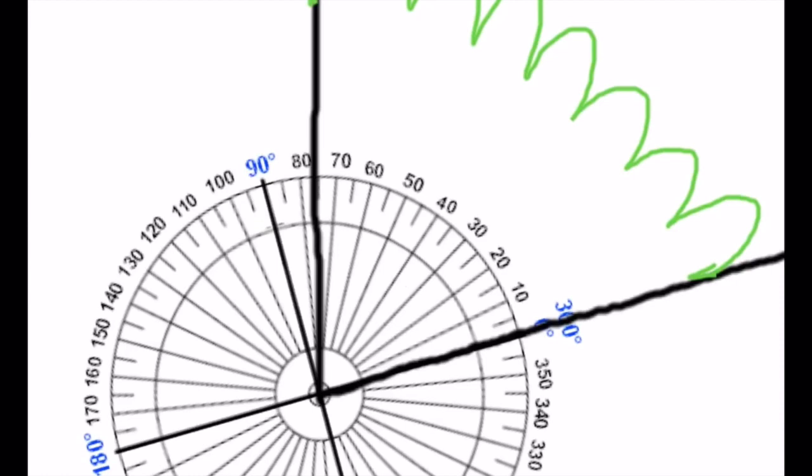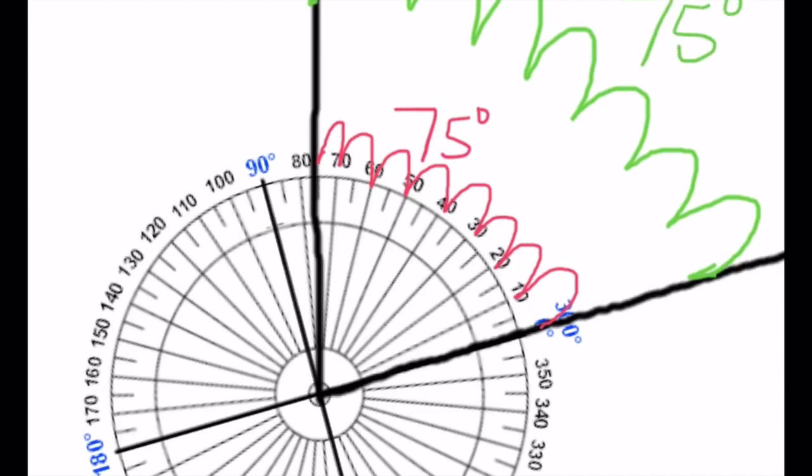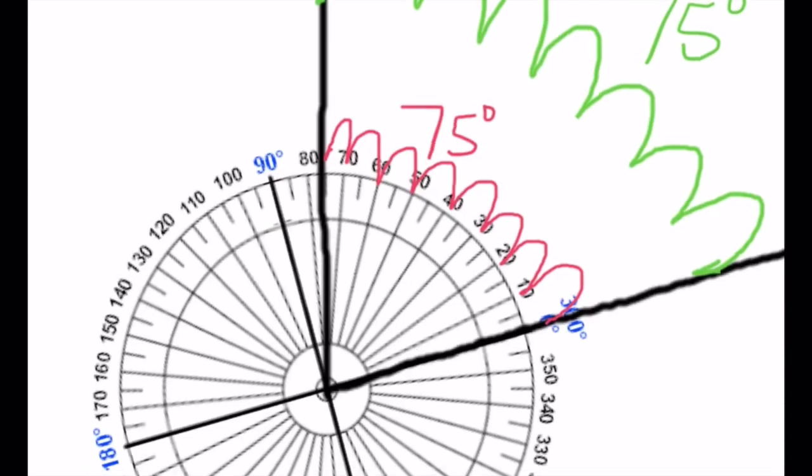So I'm going to start here at 0, 10, 20, 30, 40, 50, 60, 75. So both times, whether I used the big protractor or the small protractor, in both cases, I got 75 degrees.